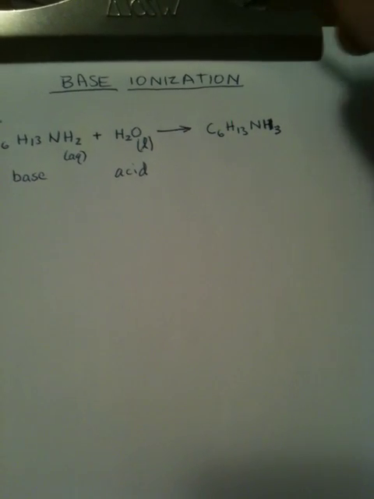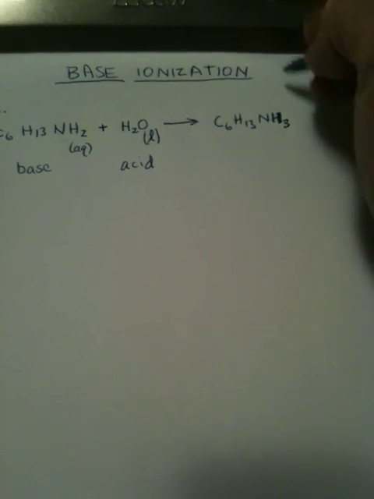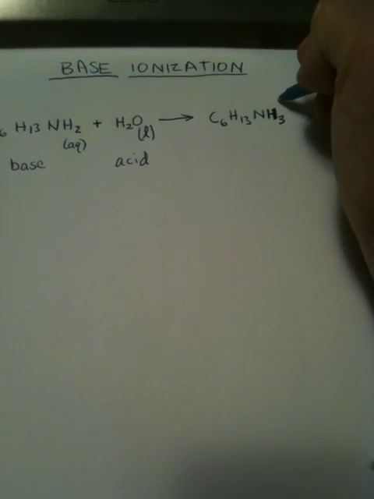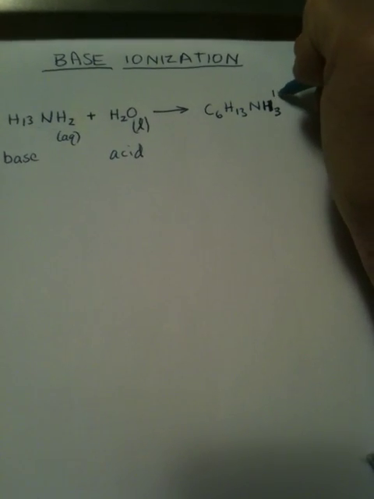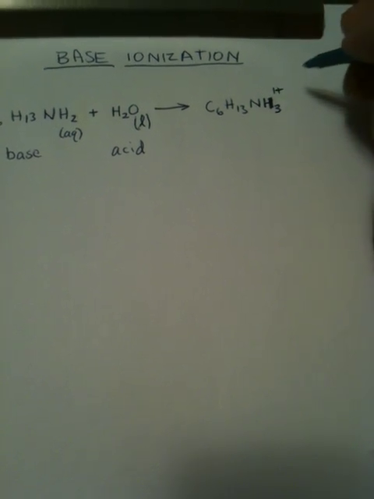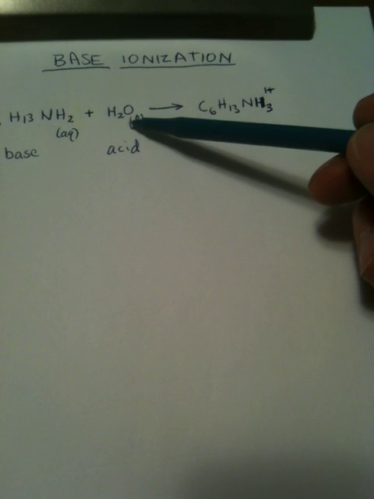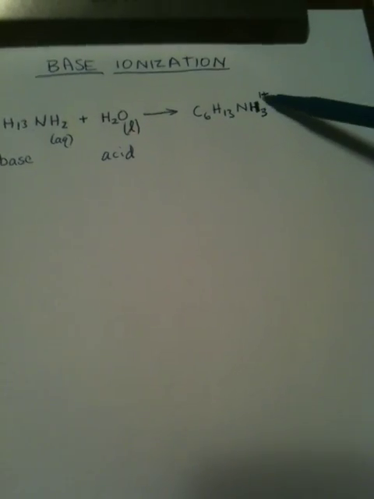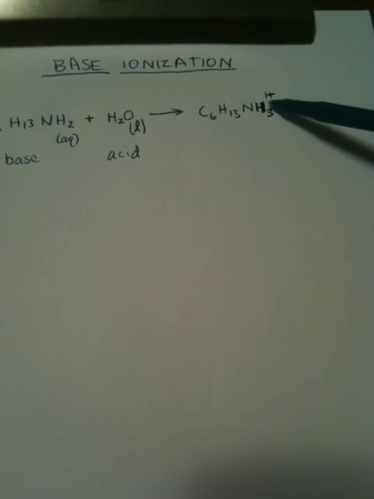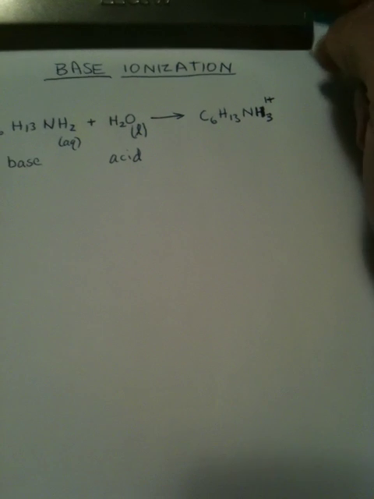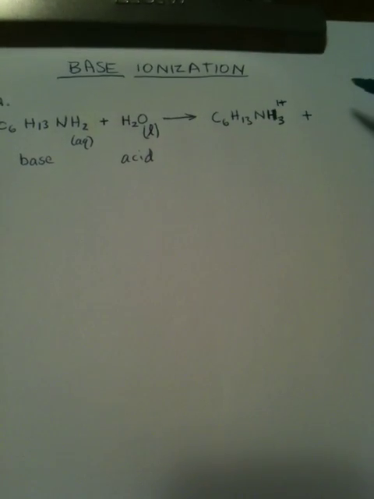So we're going to go over here. This guy looks like a 3, and he is going to be a 1 plus, because he accepted a proton. That proton made him more positive because it didn't drag along an electron. Likewise, when the proton leaves the water, what does that leave?